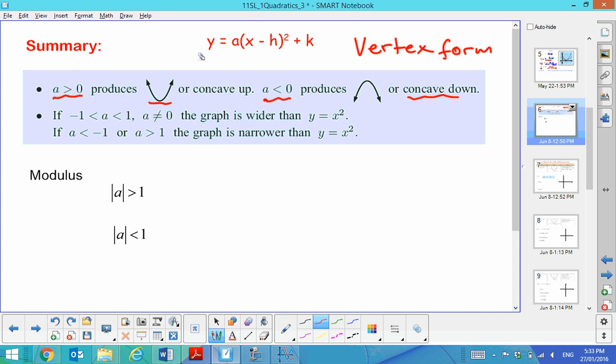If a is between -1 and +1, that means it's like a fraction, then remember the fraction made it wider, not as steep. So this one here means we've got a positive or negative fraction. a equal to 0, well if this was a 0, that just wouldn't make any sense, you'd have no equation.